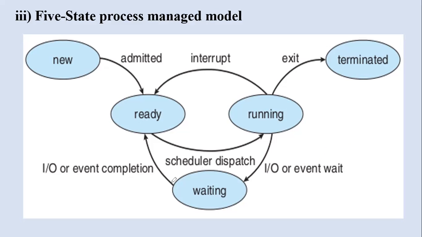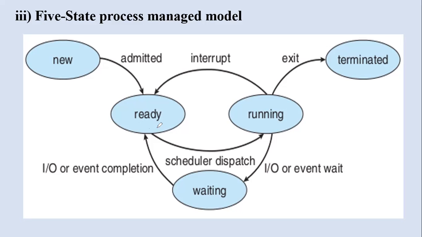Once that input or output arrives, the process which had been blocked is taken to the ready queue, and it joins those others that are waiting for their turn.